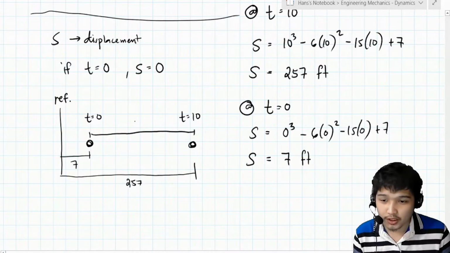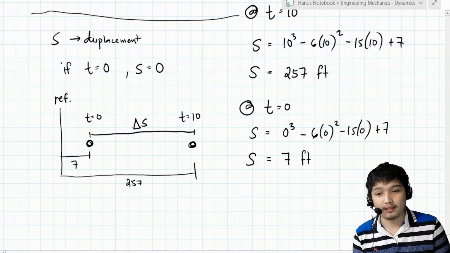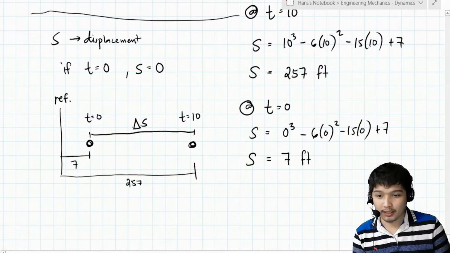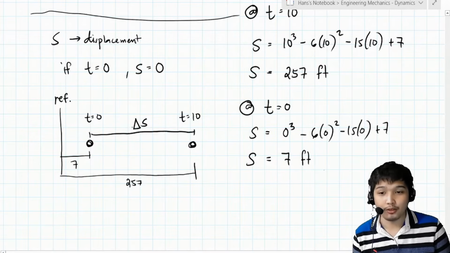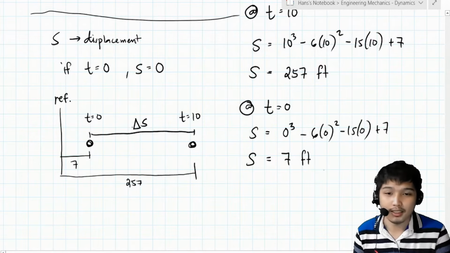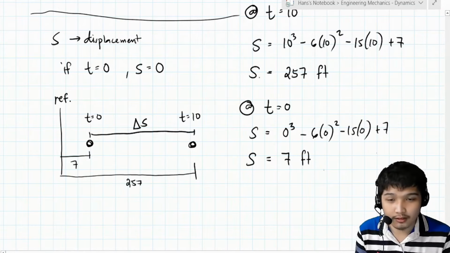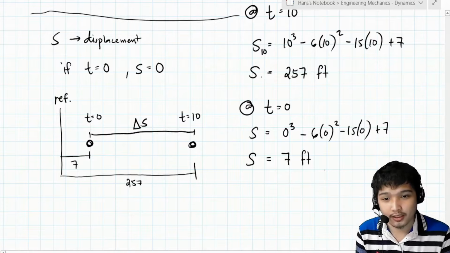Okay? So, ang tinatanong yung displacement, ito. Yung change in position. So, we will denote that as delta S. Okay? So, from that, alam mo na dapat yung sagot, no? Yung displacement niya talaga. So, we can say that this one is position at 10. Ito, position at 0.